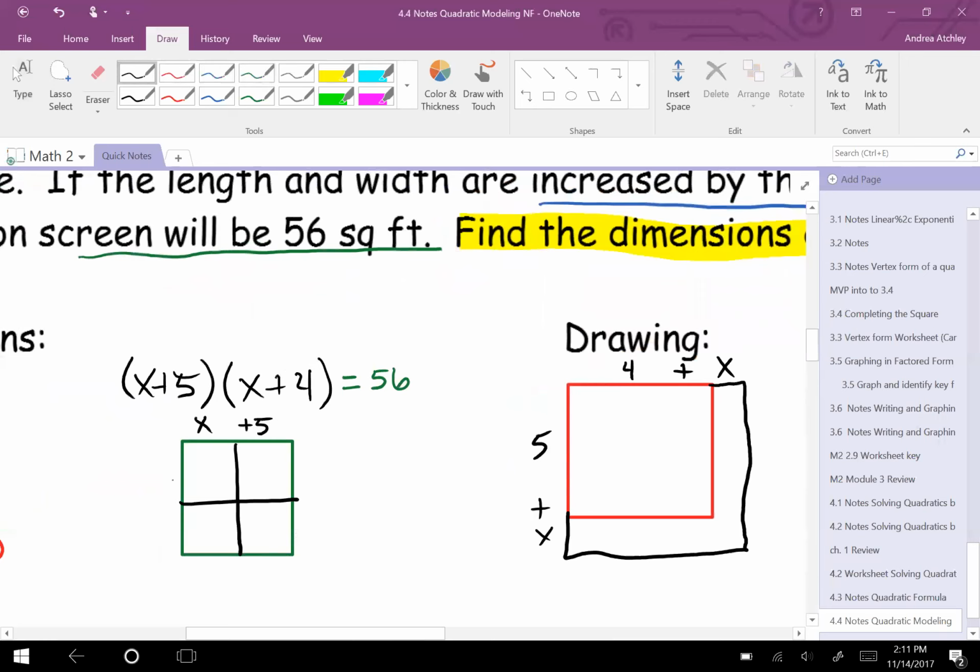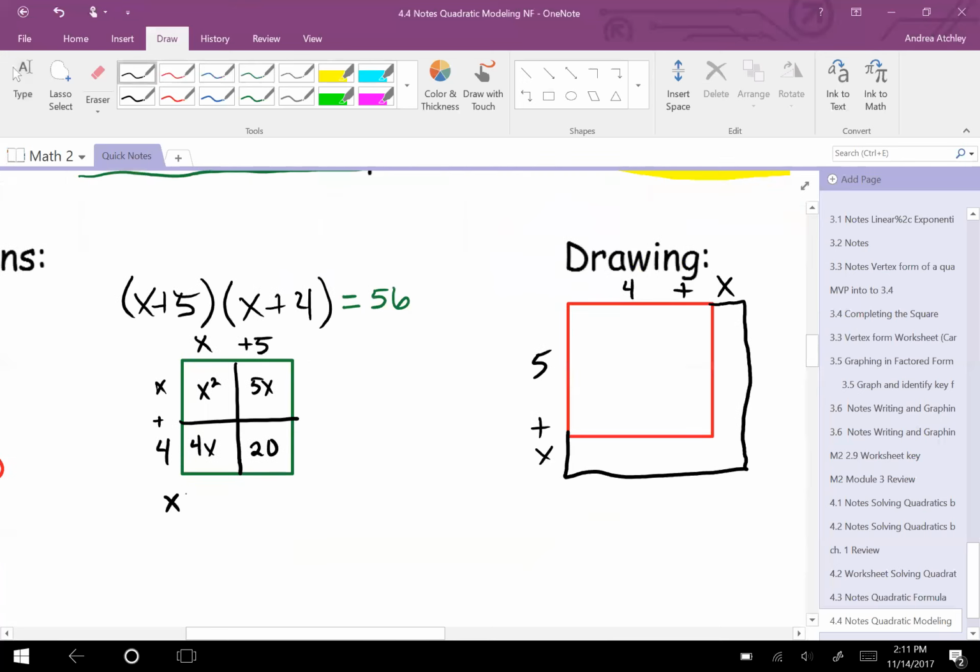Length of my sides are x plus 5 and x plus 4. This is x squared. This is 5x's, 4x's, and this is 20. So I have x squared plus, combine like terms, 9x plus 20, and it still equals 56.